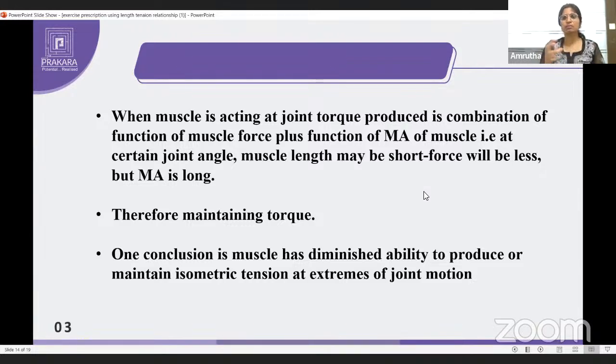So once the muscle length is short, or whatever the perpendicular distance is, that is considered. In a few muscles the muscle length will be short, in a few muscles the torque production is small. So here I need to consider both the points again if I'm talking about the length tension relationship alone.